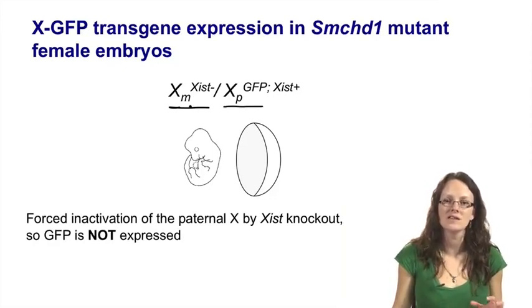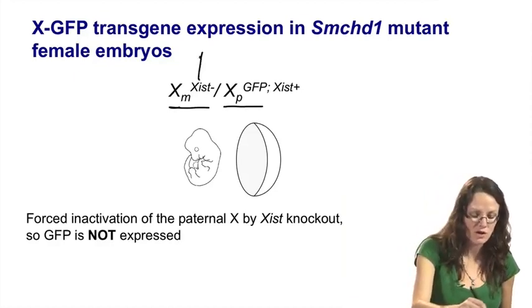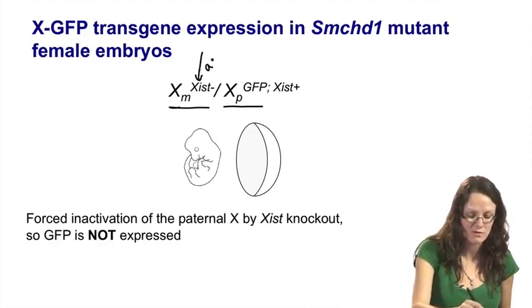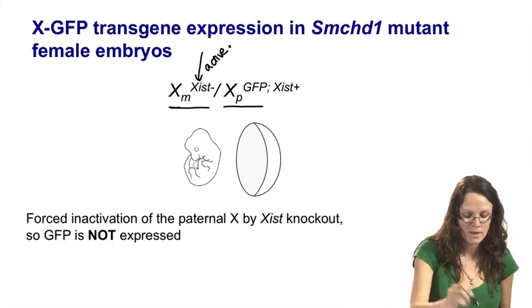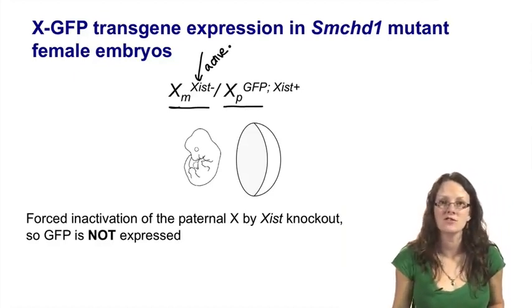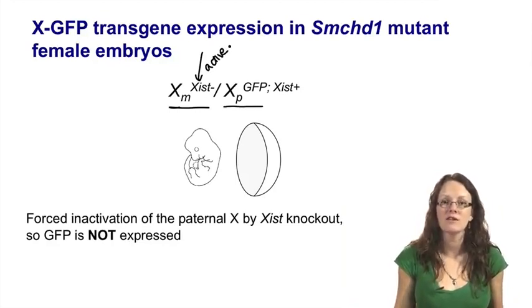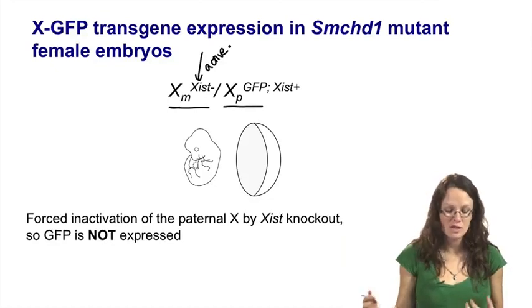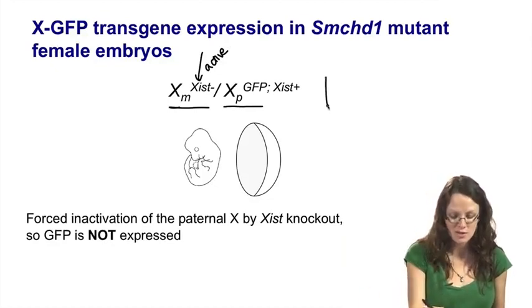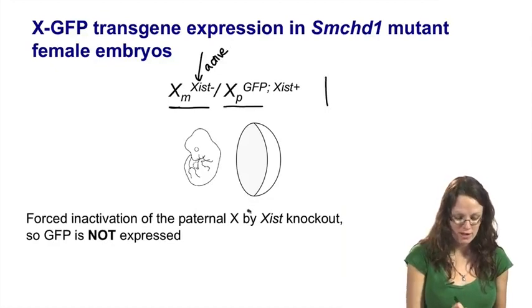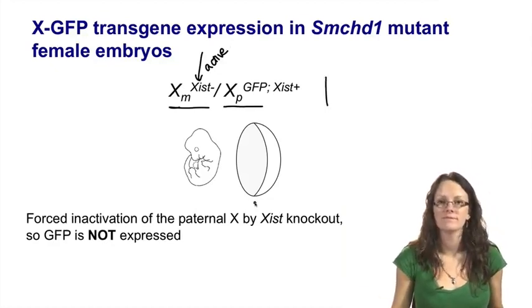We know Xist has to work in cis. So this maternal X chromosome has to be active, and this means that the paternal X chromosome, the one with the GFP, should be silent. So this is forced, non-random, primary X inactivation, and means that we expect an embryo with this genetics will not be green and its placenta will not be green.